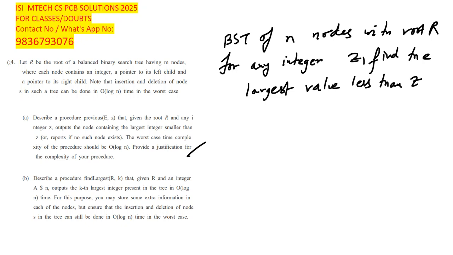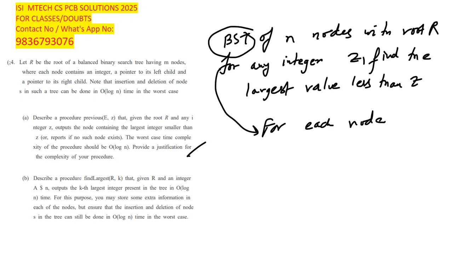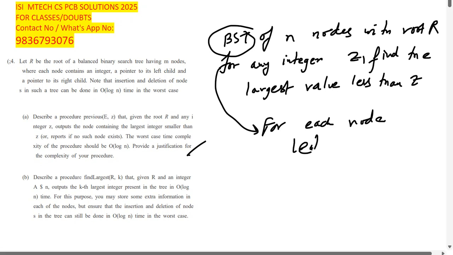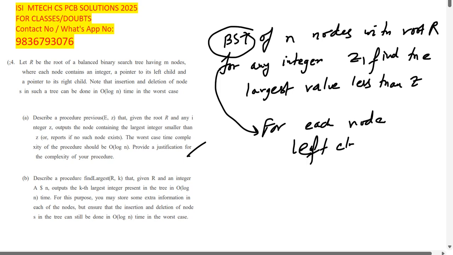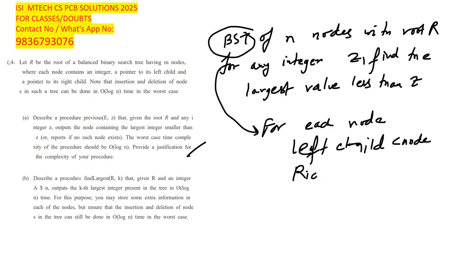Okay. So here what is the property? That for each node, the left child is less than the node and the right child is greater than the node. So now this tree is balanced, so its height is what?